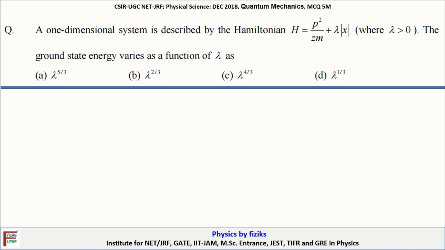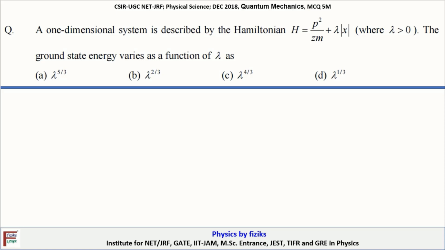This problem is related to the JWKB approximation, in which a one-dimensional system is described by Hamiltonian H. The ground state energy varies as lambda.